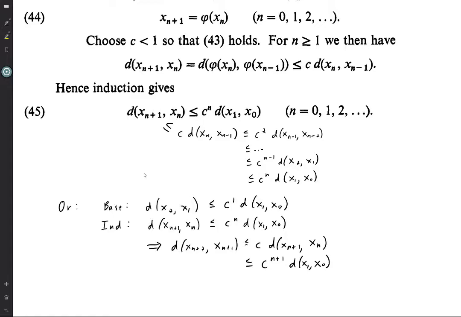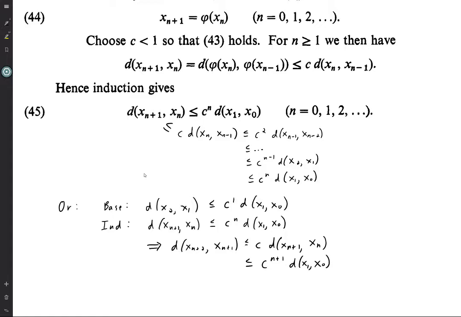And then we apply the inductive hypothesis to the distance between x_{n+1} and x_n, and that gives us that factor being less than or equal to c to the n times the distance between x_1 and x_0, and we multiply that c to the n by the additional c that we have out front there, and we get c to the n plus 1 times the distance between x_1 and x_0.